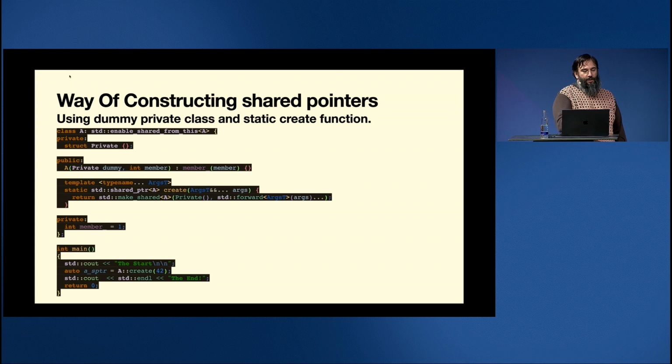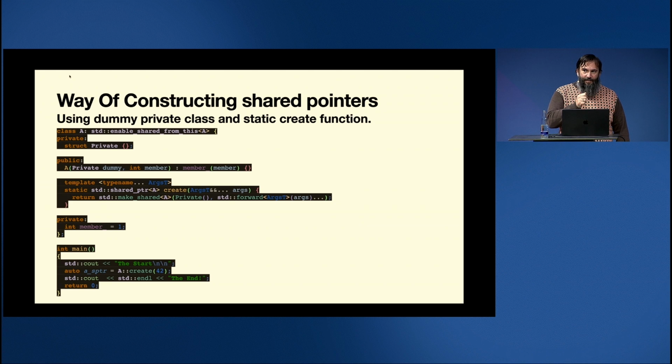And then you can call the create function at the bottom, with your original set of parameters, and it will return you the shared pointer. In this way, you guarantee that this object can only be created over the static function create.